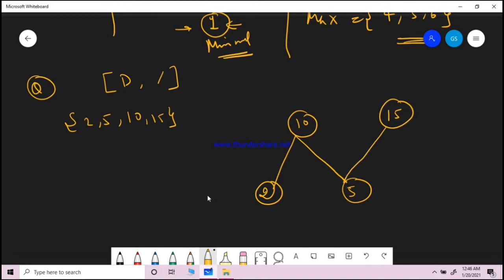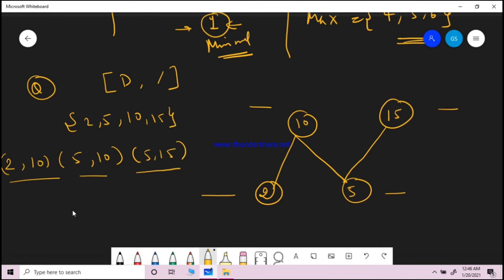So can you tell me the maximal and minimal element? Yes. Roughly you can say when you pair up, this will become 2, 10, that's it, 5, 10, 5, 15. That's all. So maximal element means the element that never appeared in the left hand side.